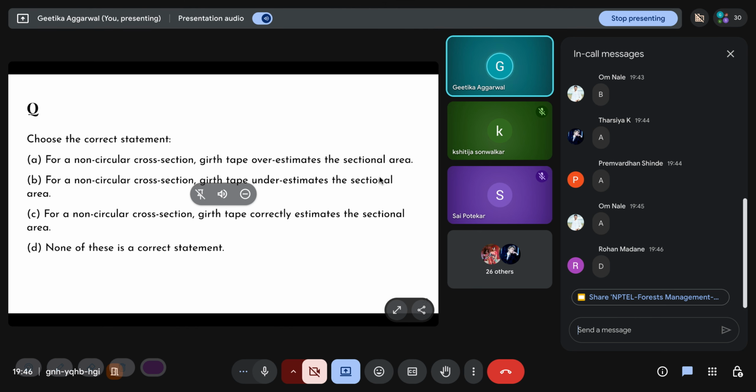Next question is choose the correct statement. For a non circular cross section, girth tape overestimates the sectional area. For a non circular cross section, girth tape underestimates the sectional area. For a non circular cross section, girth tape correctly estimates the sectional area. Or none of these is a correct statement. So, what do you think?